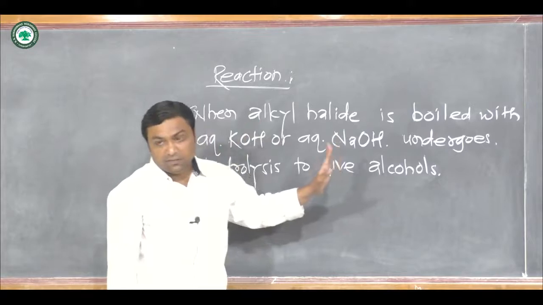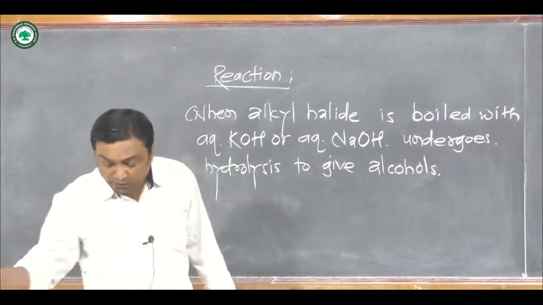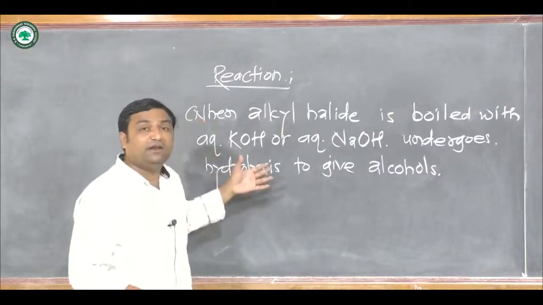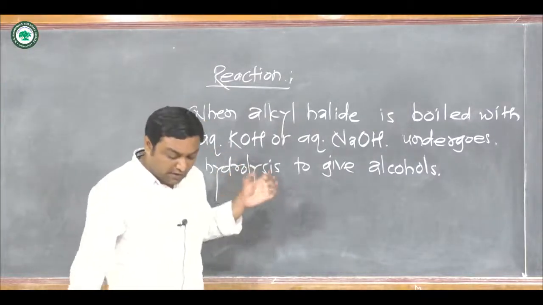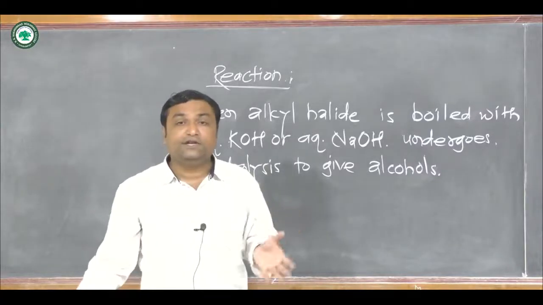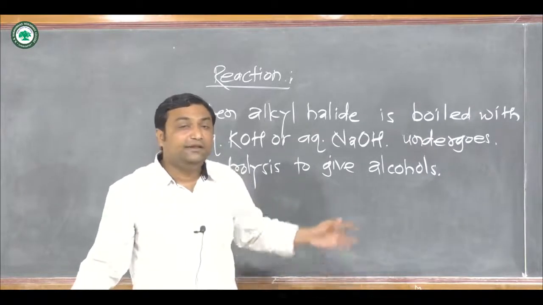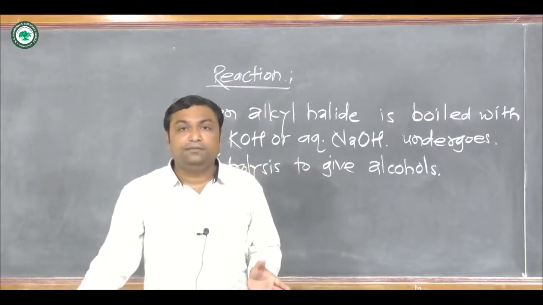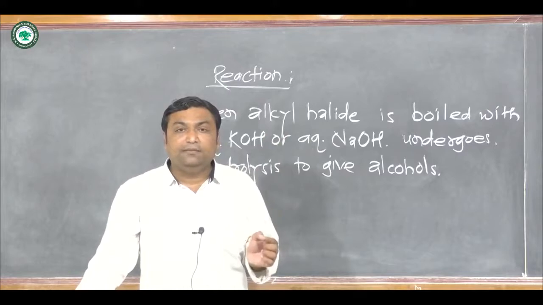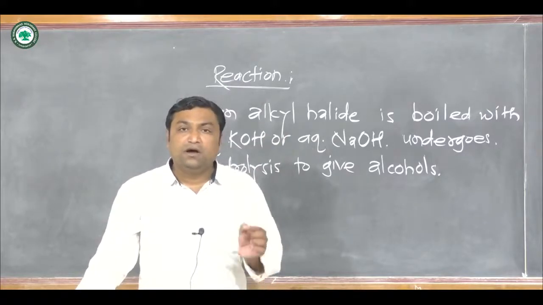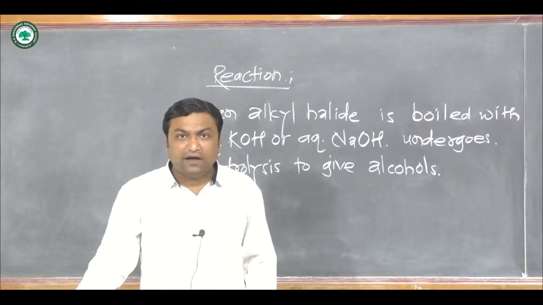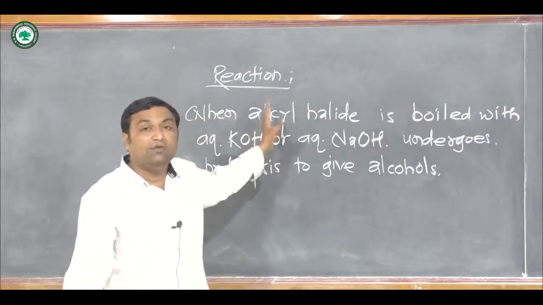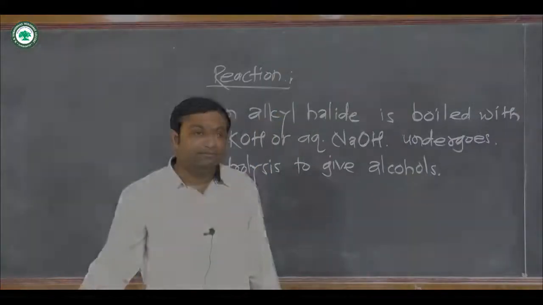Alcohol as a product. Now, the alkyl halide which we use for SN1 reaction is highly substituted because this SN1 reaction proceeds in two steps, in which the first step is the formation of carbocation. That's why we use bulkier alkyl halide for SN1 reaction.